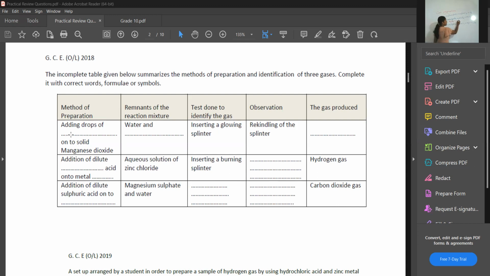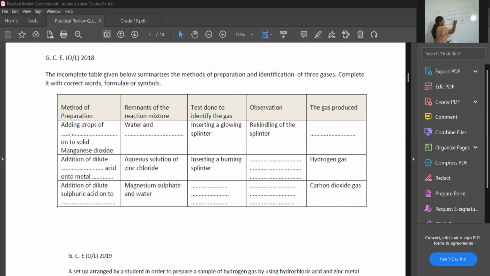With the decomposition of hydrogen peroxide, it forms water and oxygen gas. So here they ask about this reaction. In the decomposition of hydrogen peroxide, to increase the rate, we use manganese dioxide, MnO2, as a catalyst.